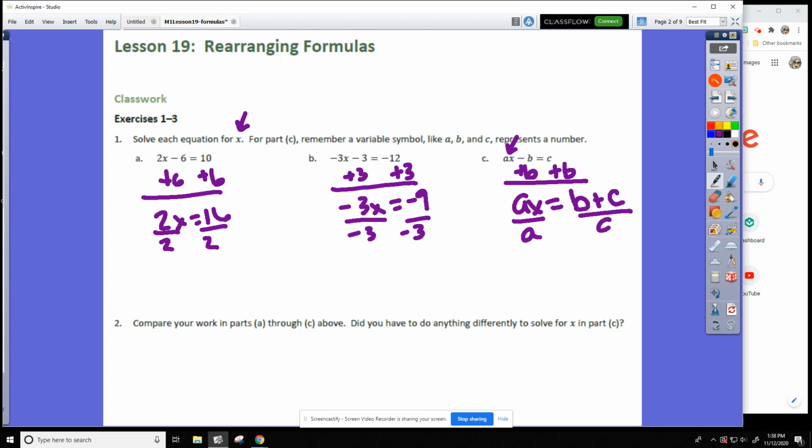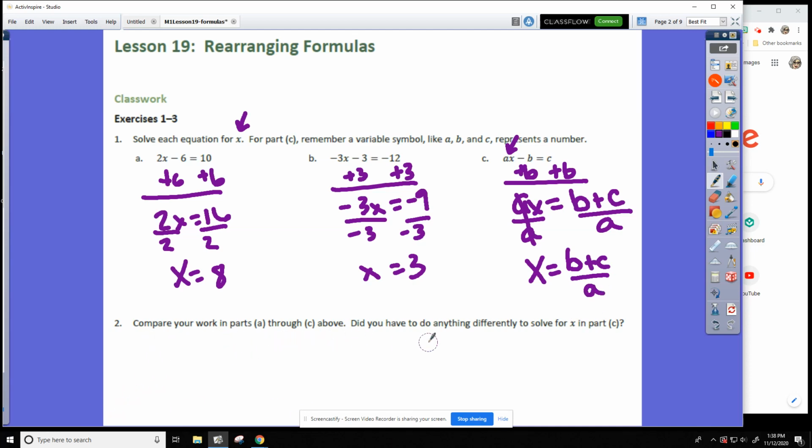We're going to divide by a. So x equals 8, x equals 3. And the last one, these cancel. Anything divided by itself is 1. So I get 1x equals, and then you have to rewrite everything that you have above here because nothing can be combined. So your answer is b plus c over a.